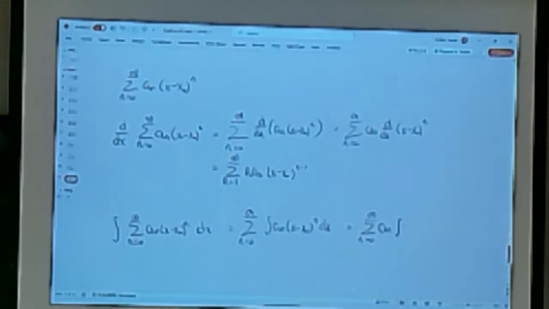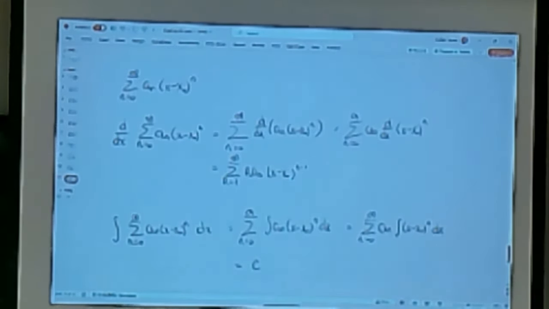What is the antiderivative of x minus x naught to the nth power? We'll do the simple antiderivative. Remember, when you take an antiderivative, you do get a constant of integration at the very end.